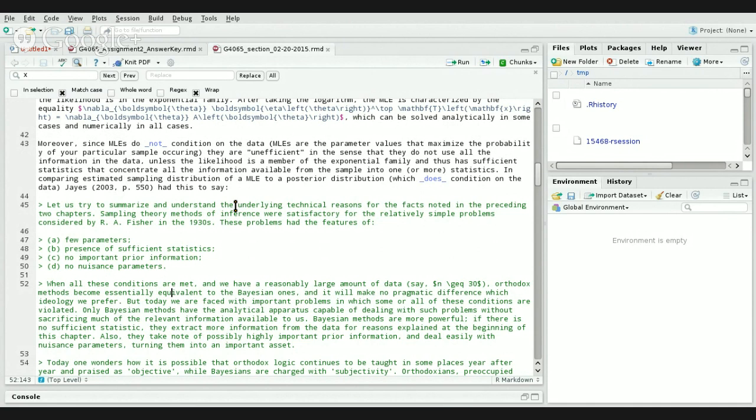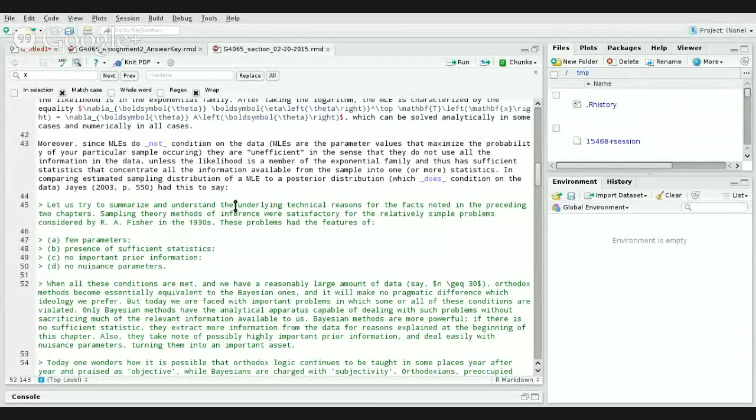But when those conditions are not met, then maximum likelihood estimation can certainly be not good in small samples. And it doesn't have as much of a philosophical justification because it's not conditioning on the data. It's not using all the information that you have in the data.